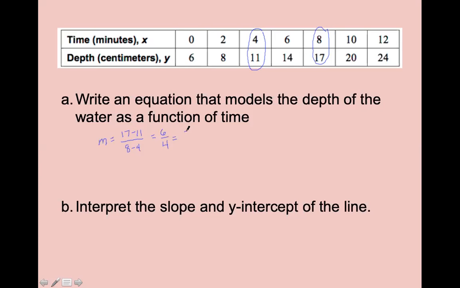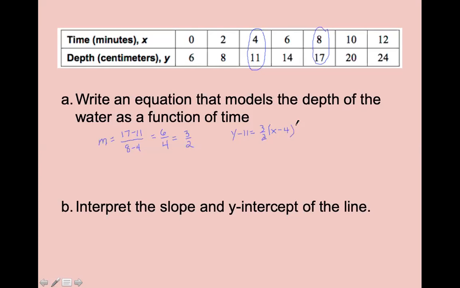So it looks like we have a slope of 3/2. So it looks like things are increasing. I could use one of these points and write in point slope form: y minus 11 equals 3/2 times the quantity x minus 4.